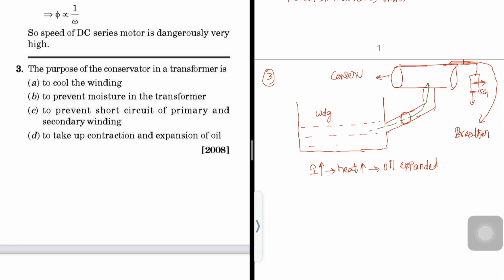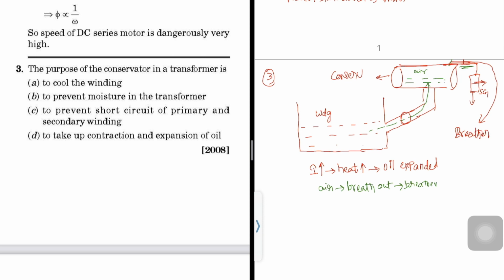So the oil will go to the conservator tank and be stored here. The air in the conservator tank will be breathed out through this breather. Breathed out means it will go out through the breather.